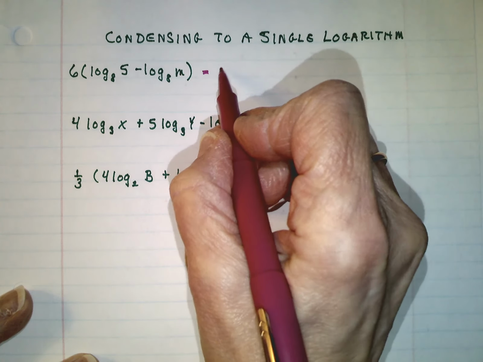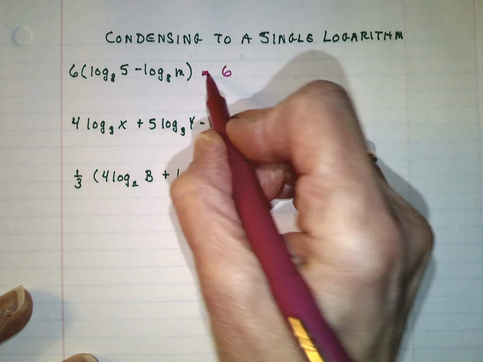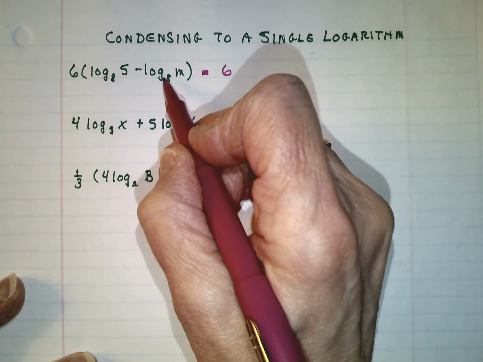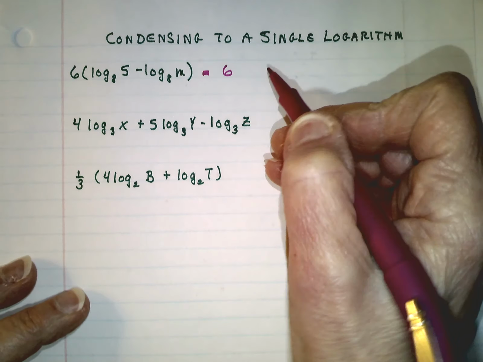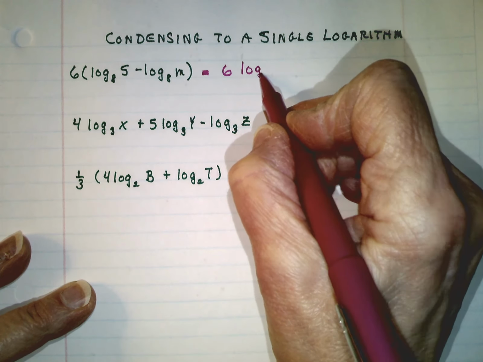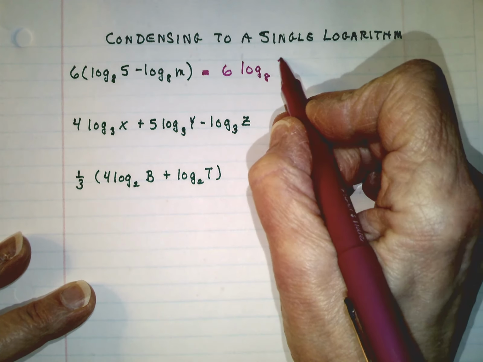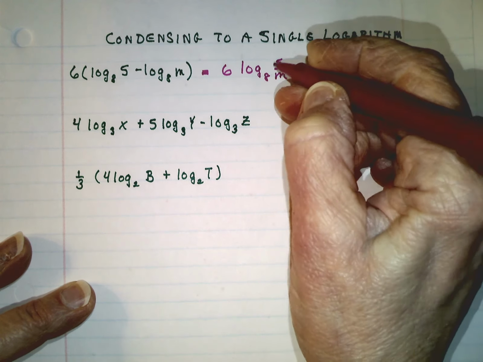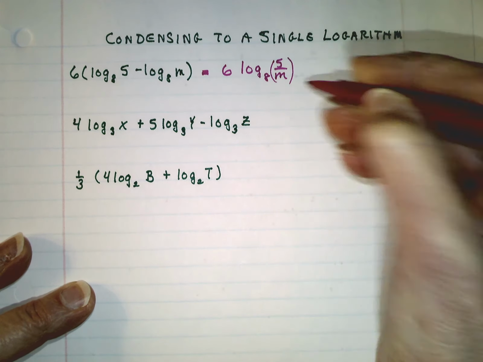So we'll leave the 6 out there. And then if we're subtracting logs of the same base, we're actually accomplishing division. So this would be 6 times the log base 8 of 5 divided by m. And I'll put parentheses around it because of the fraction.